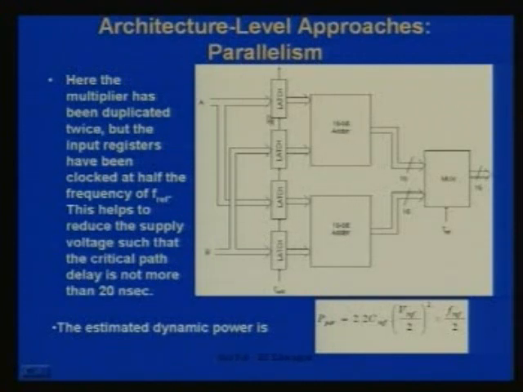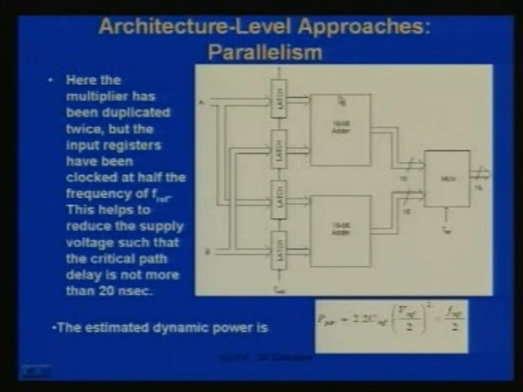Now, you do the duplication, parallelism. Here you see we have 2 16-bit adders, and of course, you have to use a multiplexer to get the data at the same speed as in the previous case. But this part of the circuit can now operate at half the frequency, because you are getting the output at the rate of f, and you are doing multiplexing.